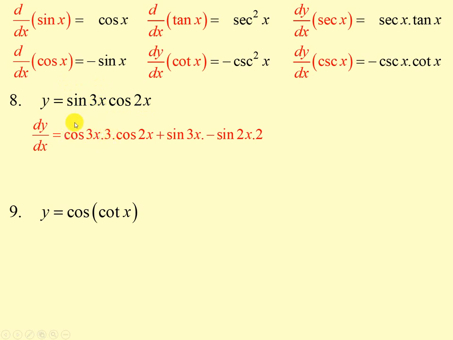So this here is u prime, and that there is v, plus u, so there it is u, and then v prime, so derivative of cos of something is negative sine of that something, staying as it is, multiplied by derivative of the inside, 2. And that's a bit of a simplification.